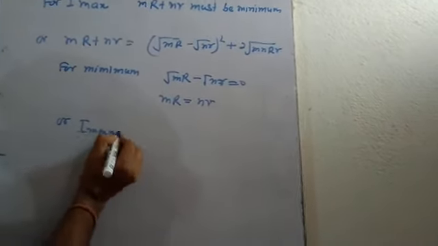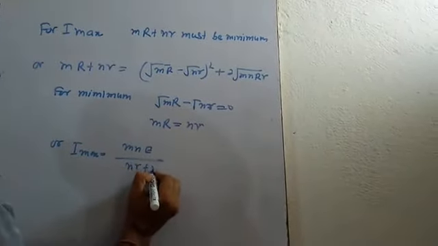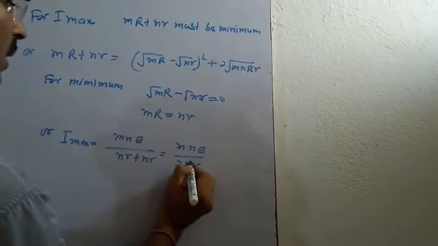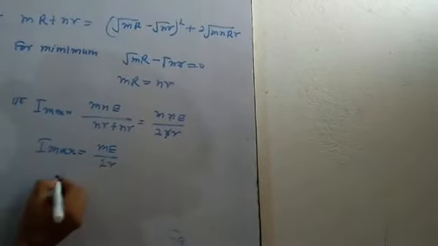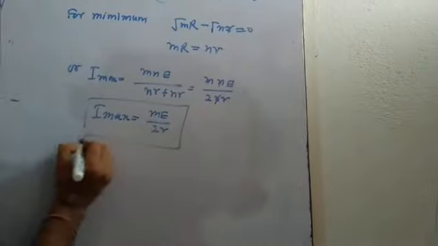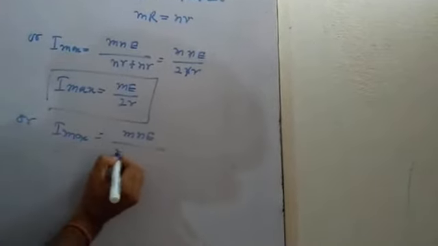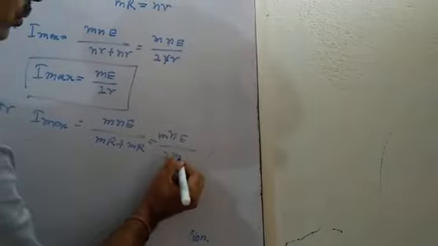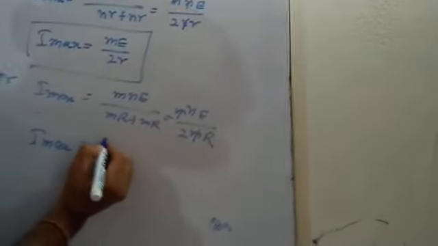Then I max equals mnE upon nr plus nr, mnE upon 2nr, or I max equals mnE upon mr plus mr, mnE upon 2mr, so I max must be nE upon 2r.